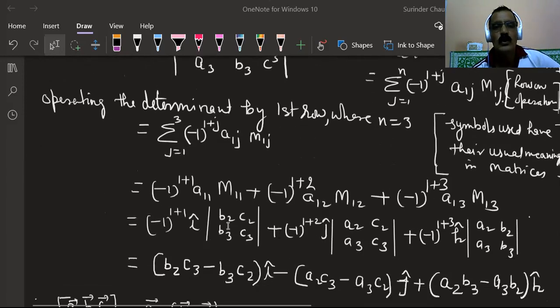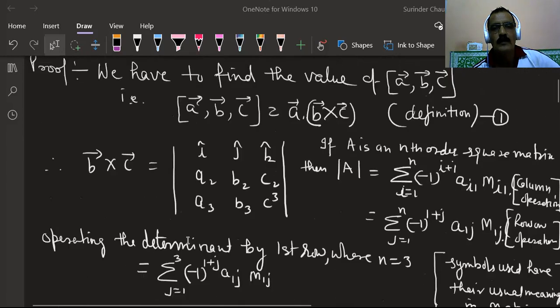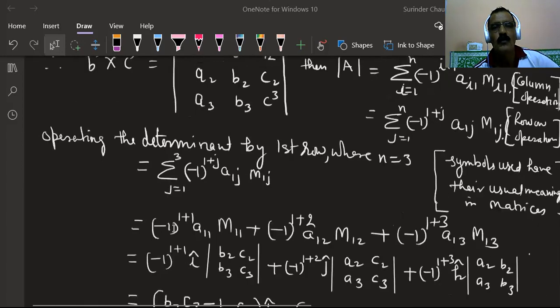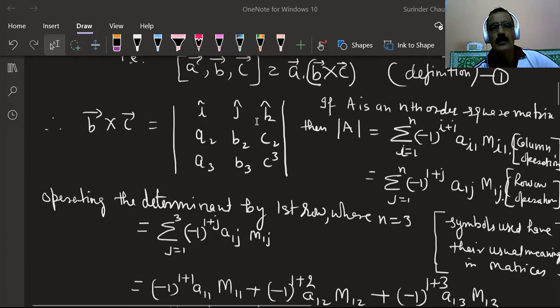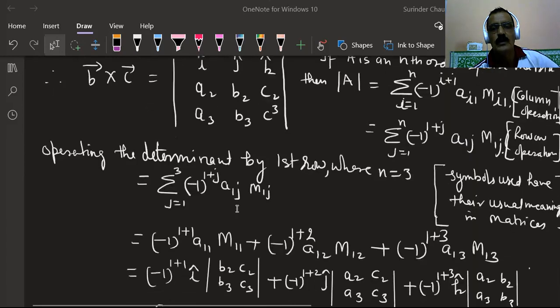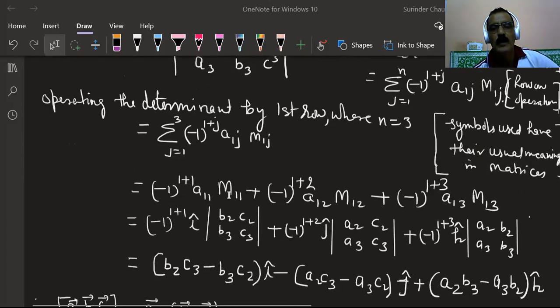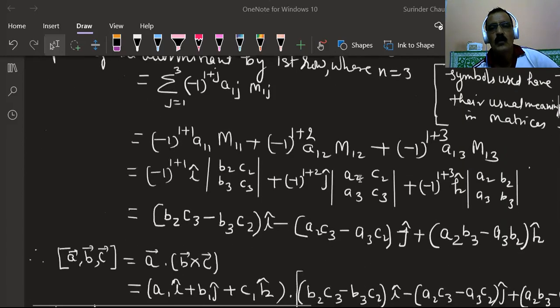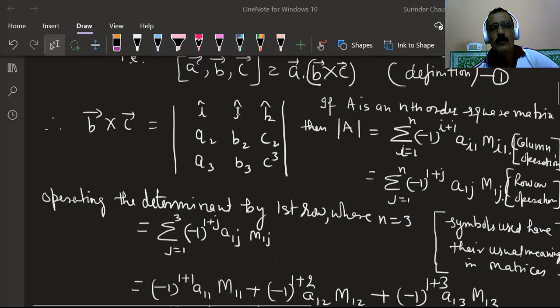Now, when we apply this to B cross C, we get A1 equal to i, and minus 1 power 1 plus 1, and the cofactor of this will be the determinant of B2 C2, B3 C3, deleting this row and this column. Plus minus 1 power 1 plus 2, j is the element of first row second column, into M12, the minor of this element.